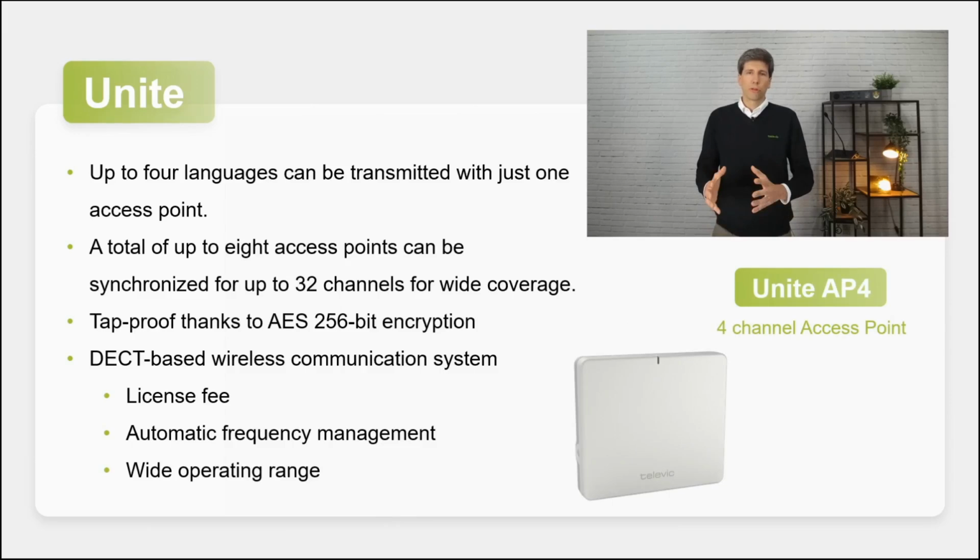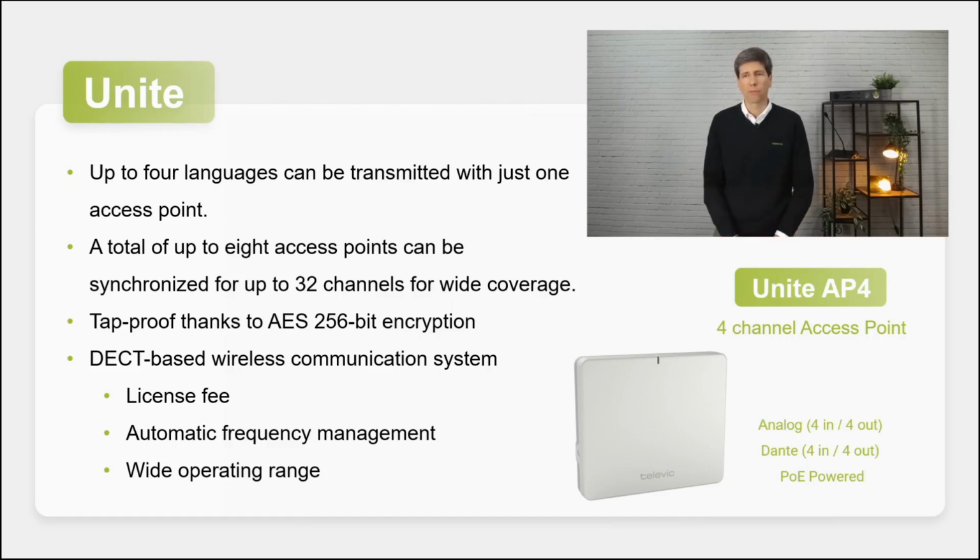So important to know is that for one access point, you can transmit up to 4 languages. But you can combine up to a maximum of 8 access points. So you can have up to 32 channels for a wide coverage. It's also tap-proof thanks to the AES-256-bit encryption.